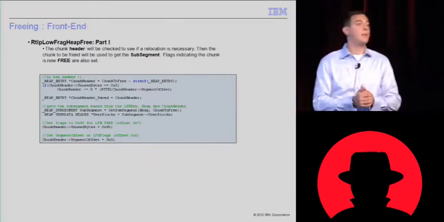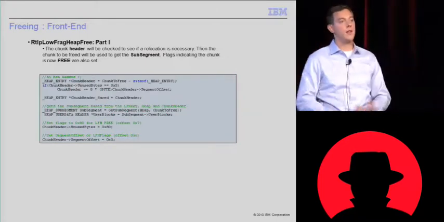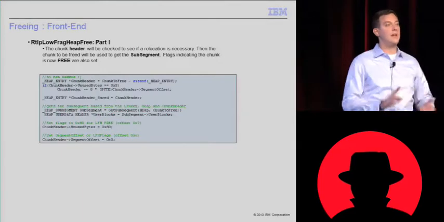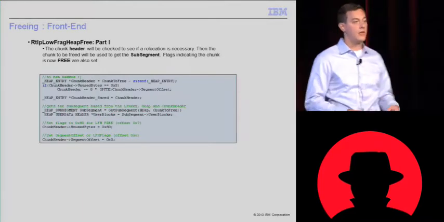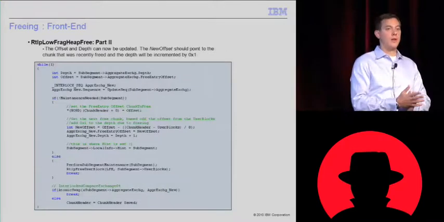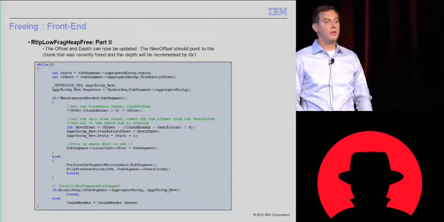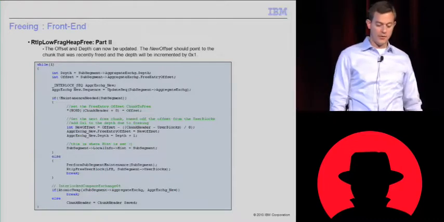The subsegment for this chunk is acquired. Again, it's not passed. It's calculated via certain values in the heap and the low fragmentation heap and the address of the chunk that you're freeing. By the way, that was really confusing when reversing this stuff because you had a bunch of weird arithmetic and a bunch of bitwise operations. It took me a while to figure out.